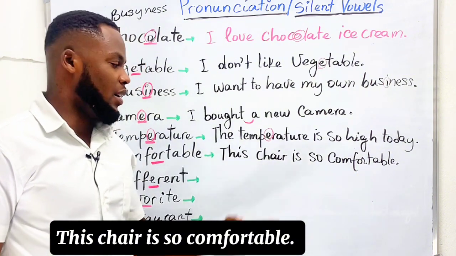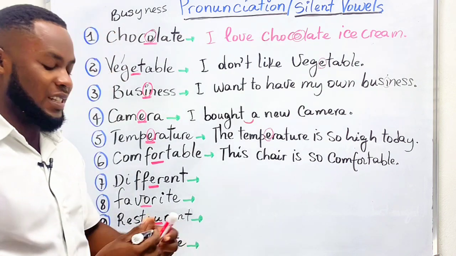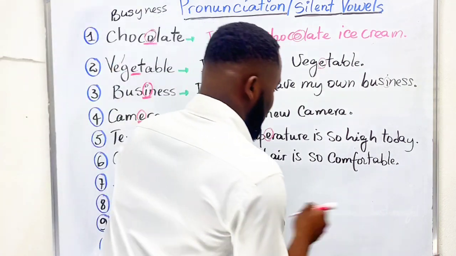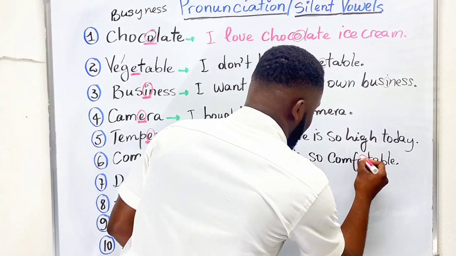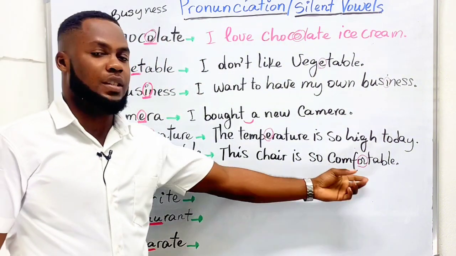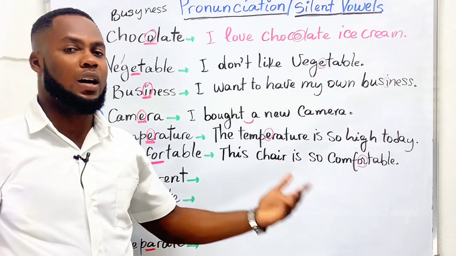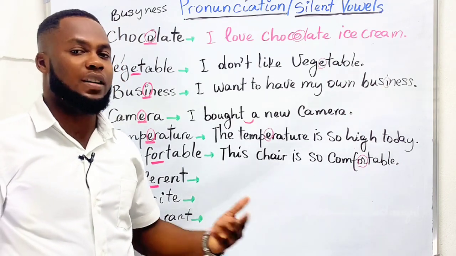One more time. This chair is so comfortable. On veut dire chaise ça vraiment confortable. Nous ne prononçons pas ça. OK? Comfortable. One more time. Comfortable. This chair is comfortable. Chaise ça est vraiment confortable.